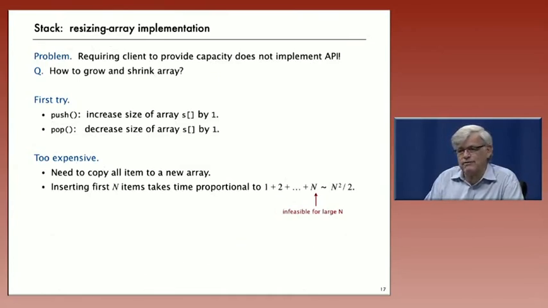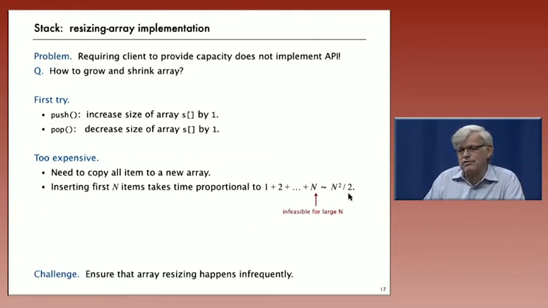So inserting the first n items would take time proportional to the sum of the first n integers, which we know is about n squared over 2. Quadratic time to insert n items into a stack, that kind of performance is unacceptable for large problems, as we will see many times.